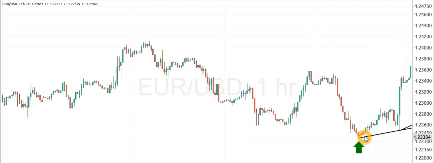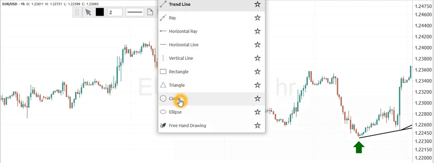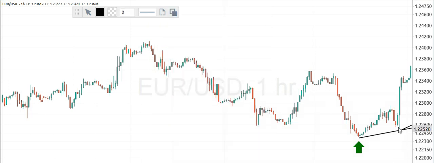So I would draw the trend line that would have connected this low point to this candle right here. That would have formed the first trend line.